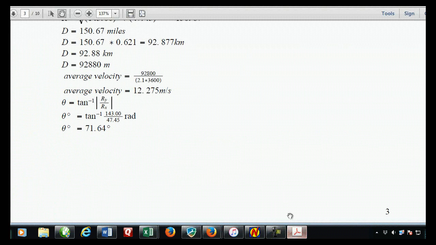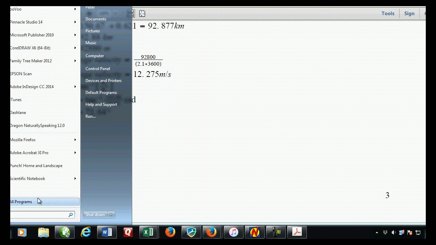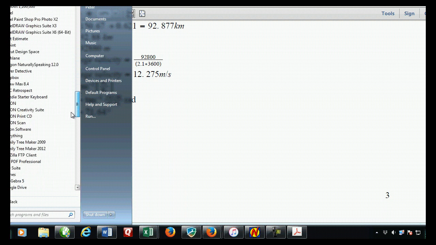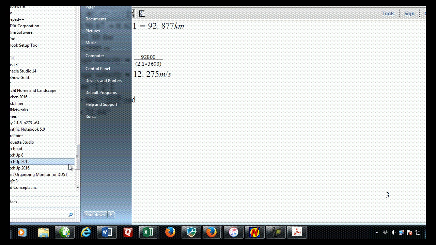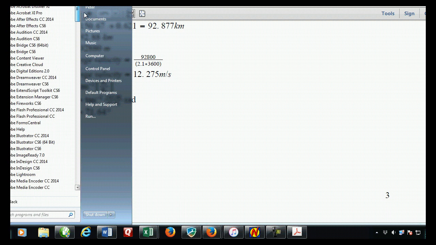Cool. I'm going to draw that problem up so everybody can see what we're talking about there. I'm going to go to Paint just to make a point real quick.